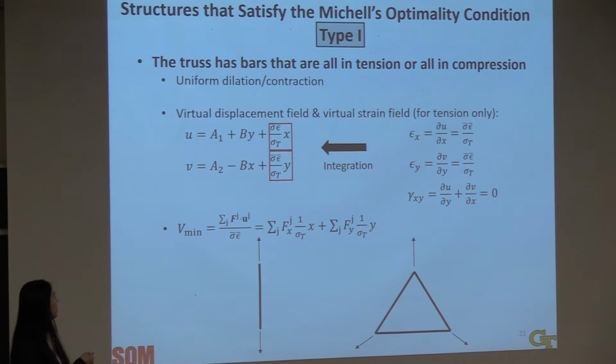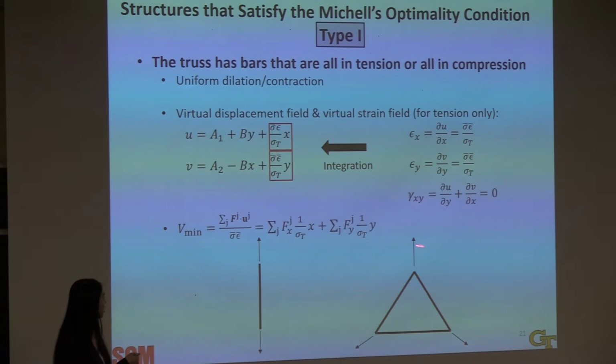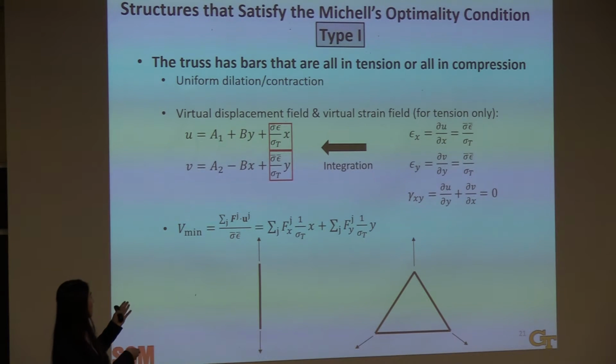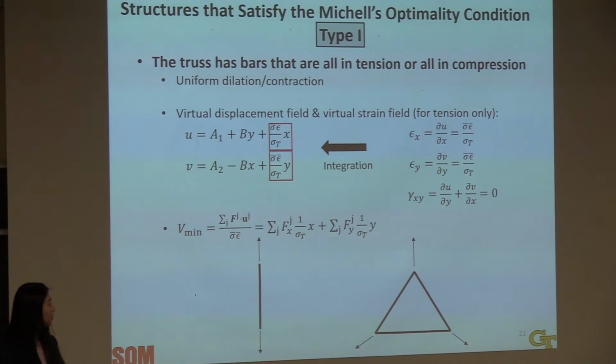And if we have the virtual displacement field, we can calculate the volume using this formula. Both structures of this type have this expression of the volume, and this volume depends on the location of your force, X and Y here.